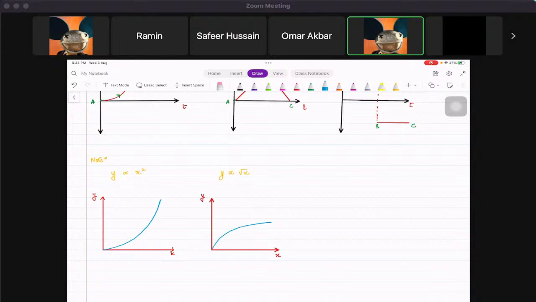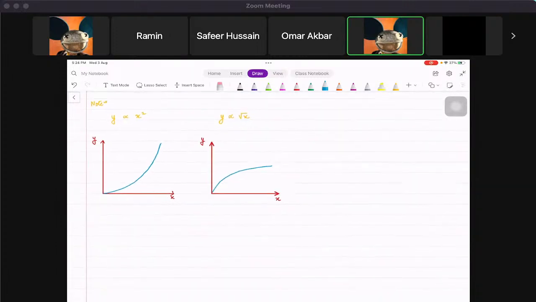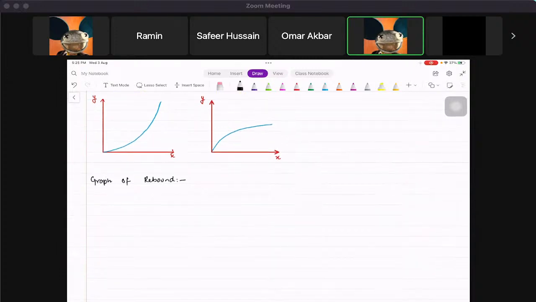Now then we're gonna go towards the graph of rebound, and this is so important because a lot of times this graph will be given, and I'm going to make two sections.